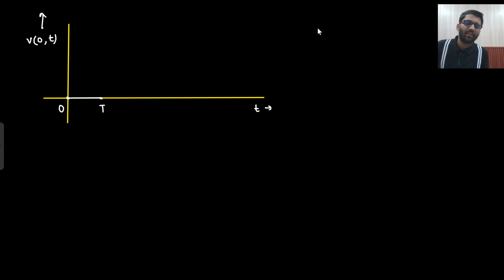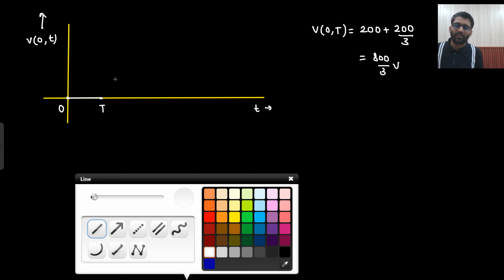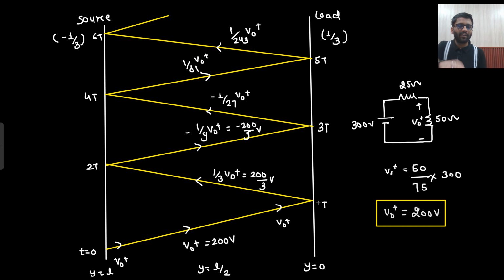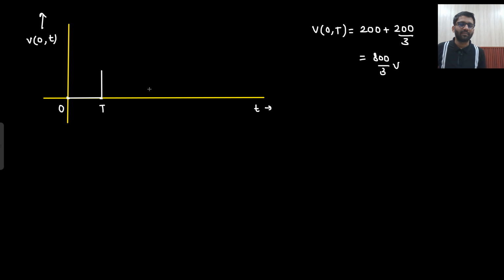So what it would be? 800 by 3 volt. This will come into action at time t, and till 3t it will remain there, because from t to 3t all these are 200 plus 200 by 3 only.